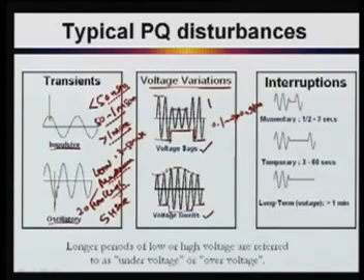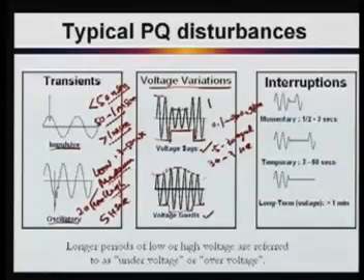So for instantaneous voltage sag, the duration is 0.5 to 30 cycles. If it is momentary, it means from 30 cycles to 3 seconds, and your temporary voltage dip is from 3 seconds to 1 minute.